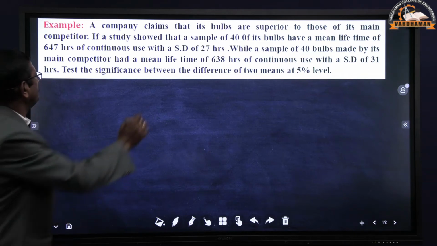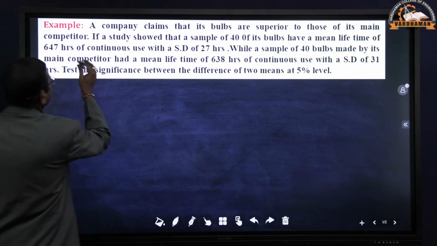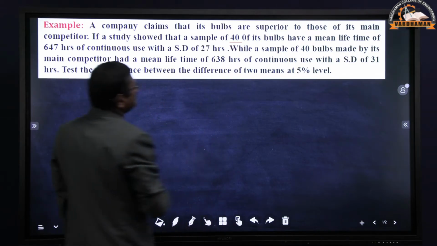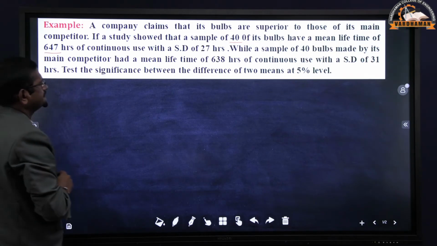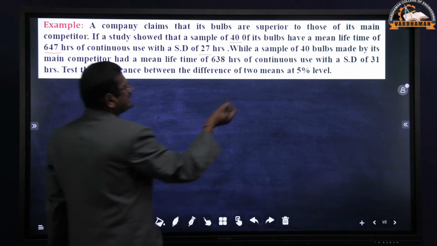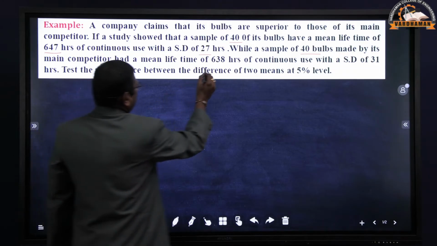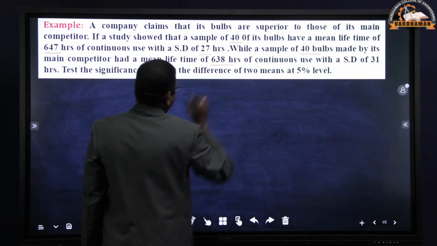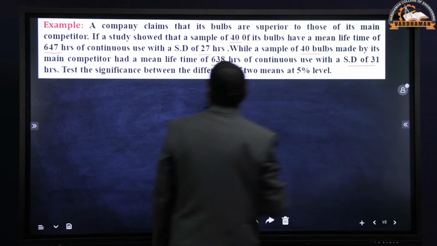Based on this information, there are totally 40 bulbs with a mean time of 647 hours and a corresponding standard deviation of 27 hours. The second sample has 40 bulbs with a mean lifetime of 638 hours and a corresponding standard deviation of 31 hours.